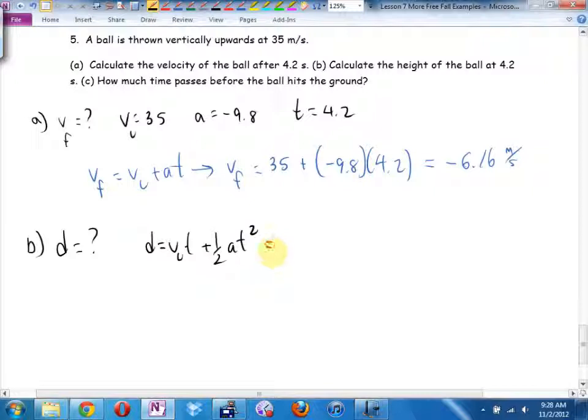It's going to be 35 times 4.2 plus a half times negative 9.8 times 4.2 squared. How good are you? Can you do this one in your head? 35 times 4 is going to be 140 with a 0.2.